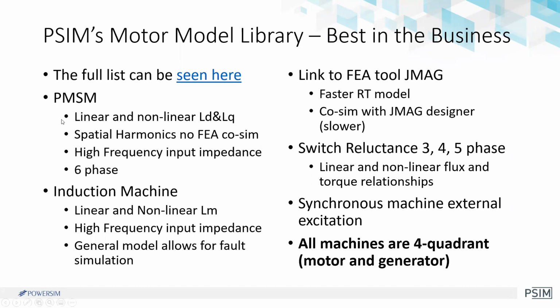For PMSM, linear means that your Ld and Lq are not a function of your Id and Iq currents, and non-linear means your Ld and Lq are a function of the Id and Iq currents. Similarly for the induction machine, we have linear and non-linear Lm, the magnetizing inductance. And then we have high frequency support for IM too.